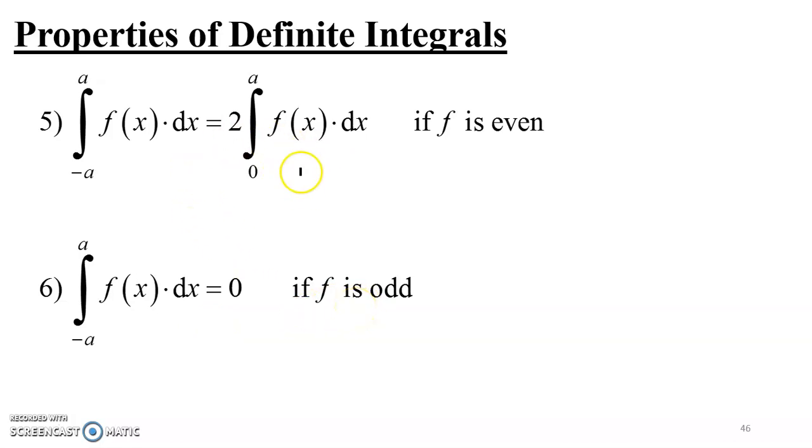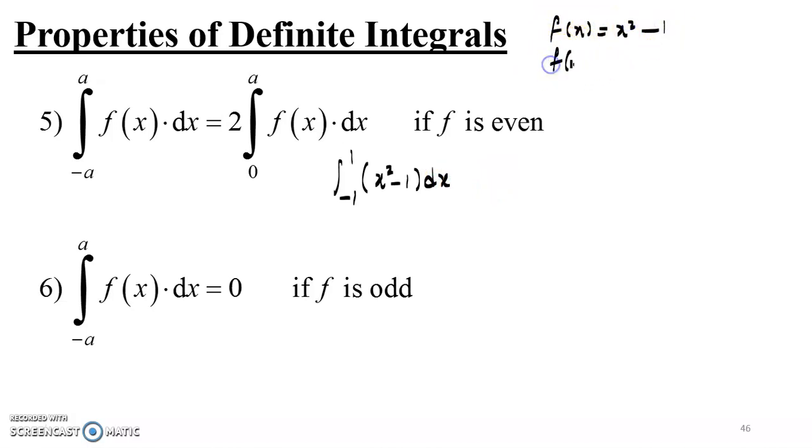So we're going to be doing a couple of examples here over these two properties. For example, if we have the integral from negative 1 to 1 of f(x), let me define the function by x squared minus 1.